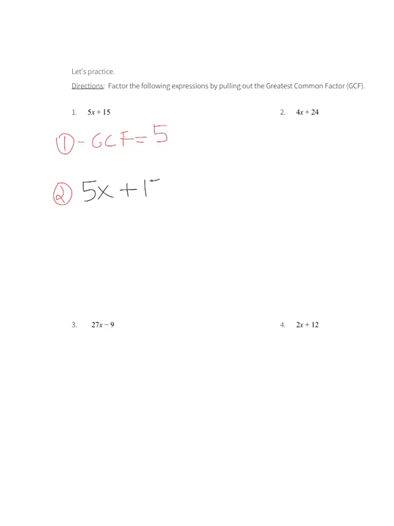So I have 5x plus 15, and I'm going to divide both terms by the GCF. So I have 5 divided by 5 is equal to x, and 15 divided by 5 is equal to 3.